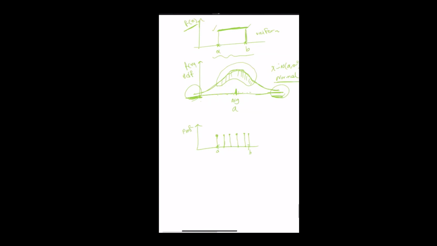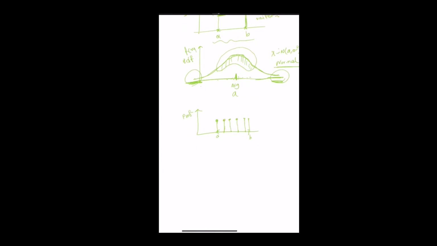So this is still uniform, right? Yes, this is still uniform. As you can see, since it's uniform, all the possible values, A plus 1, A plus 2, and so on, have the same value for the probability mass function. They're all the same. However, it's not continuous. It's just this, this, this.